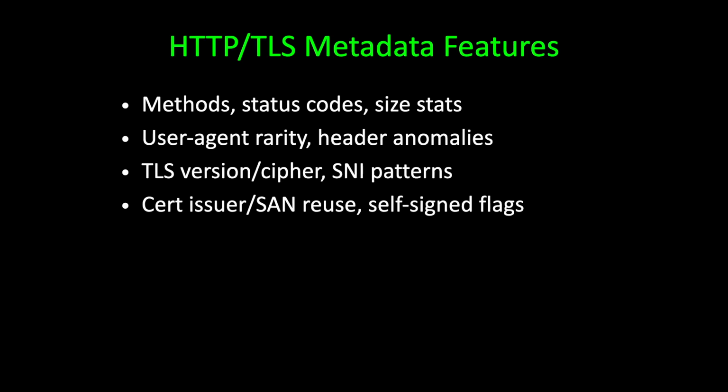From HTTP logs, we can extract request methods, status code distributions, response size statistics, those types of things. If we have abnormal mixes, many POST methods with small bodies, unusual paths, it can indicate staging, maybe a command channel, or maybe some type of scanning for a zero-day exploit.